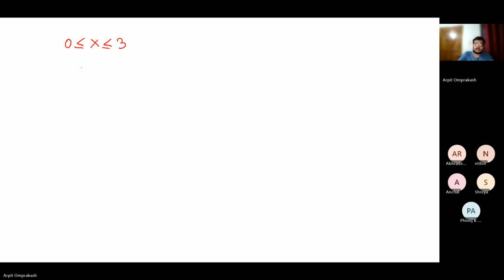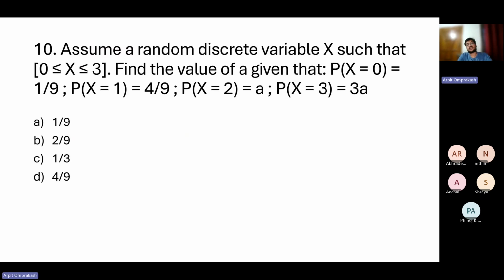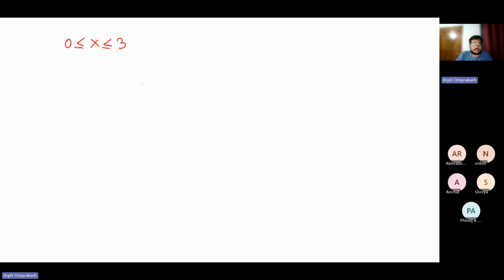Now, what we know is that for any random variable or any kind of probability calculation, the sum of all the probabilities should equal 1. So in this case, the sum of the probability of x equal to n, where n is 0 to 3, since x can vary from 0 to 3, should always be equal to 1, because we are talking about a probability here.